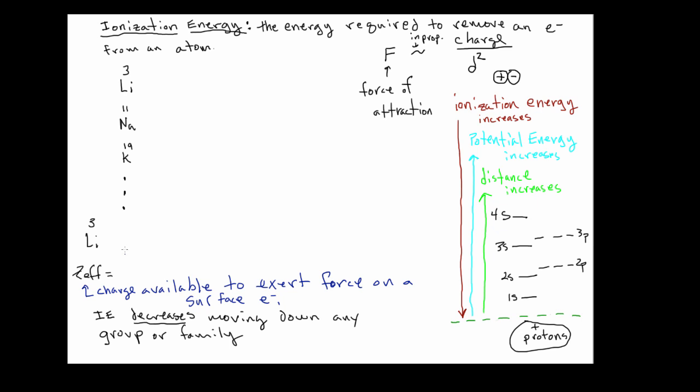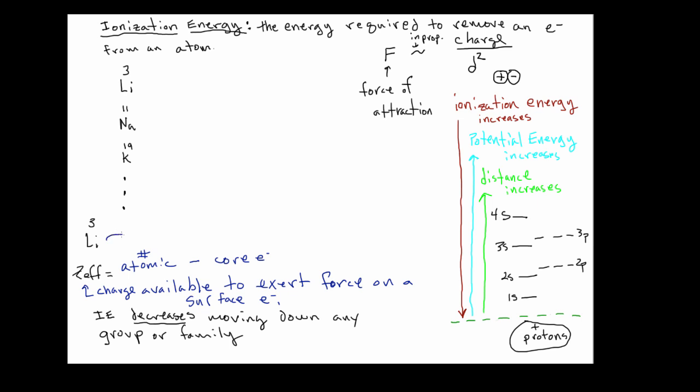And what is it equal to? It is equal to the atomic number, because atomic number gives us the number of protons, which is the number of positive charges, minus the core electrons. The core electrons are the electrons that are between the surface electron and the protons.